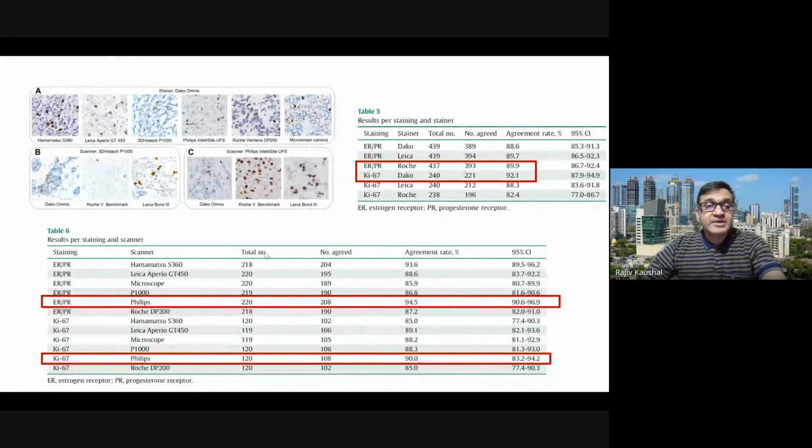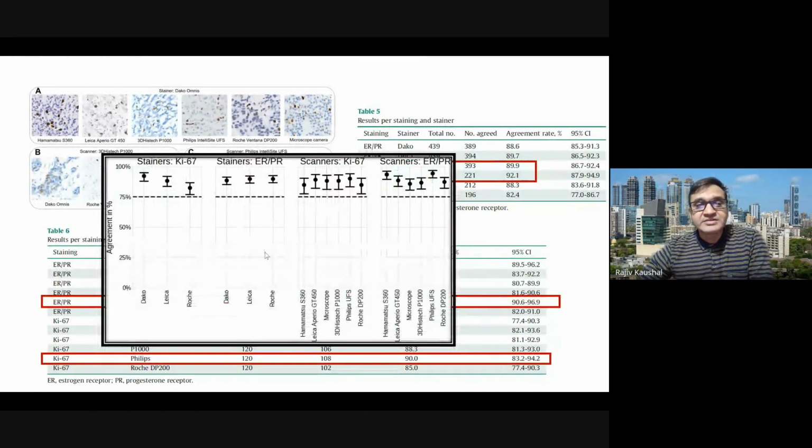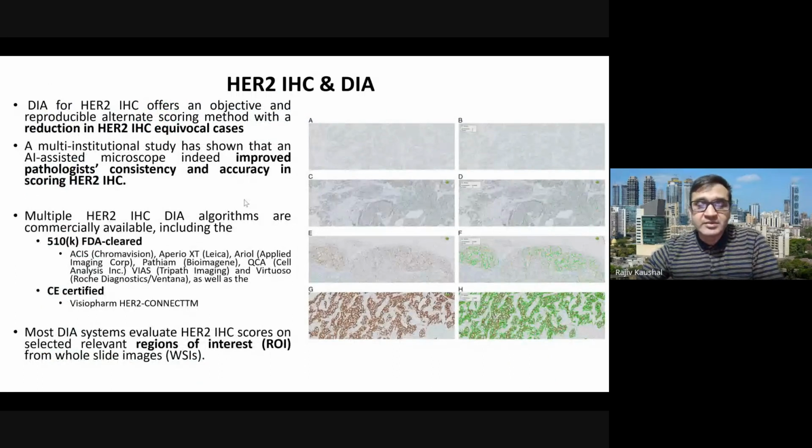This paper has shown that using ER/PR on the Roche platform IHC stainer, and Ki67 using the Dako stainer, has given more reliable answers. Although differences between the scanners were very minimal, there was some variability which we have to keep in mind, as no solution in today's date is 100% perfect.